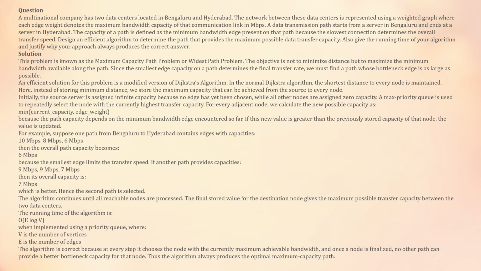Now next question. This question may not be visible, so I'll read the question. A multinational company has two data centers located in Bangalore and Hyderabad. The network between these data centers is represented using a weighted graph.